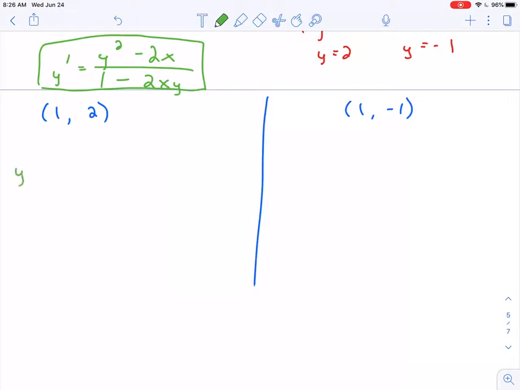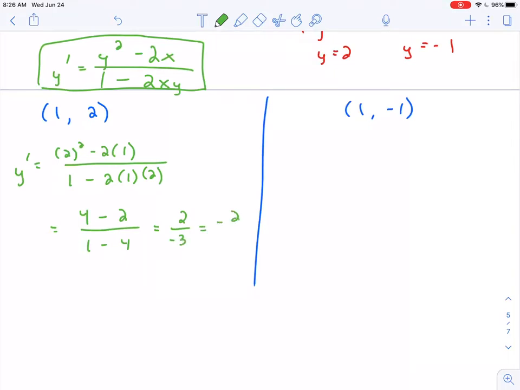So y prime equals 2 squared minus 2 times 1, my x value is 1, divided by 1 minus 2 times x, which is 1, times y, which is 2. So I've got 4 minus 2 divided by 1 minus 4. I should have 2 over negative 3, or negative 2/3.